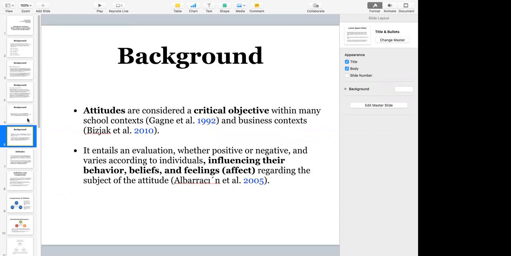Attitudes are considered a critical objective within many school contexts and business contexts. It entails an evaluation, right, whether positive or negative, and varies according to different individuals, influencing their behavior, what they do, what they believe in, and how they feel about a certain topic or subject.